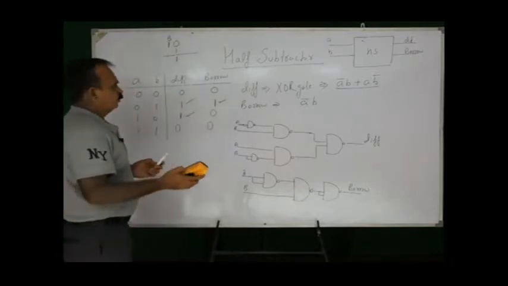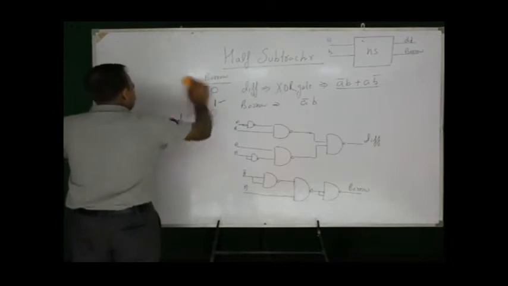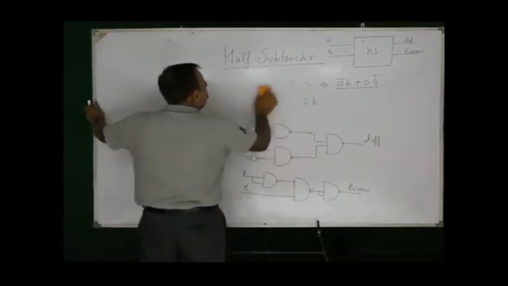Now we will be shifting to full subtractor. Full subtractor is a circuit which is used to subtract 3 bits. Now what is the meaning of subtracting 3 bits?